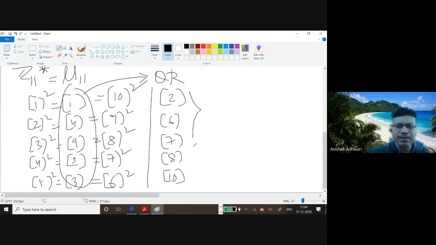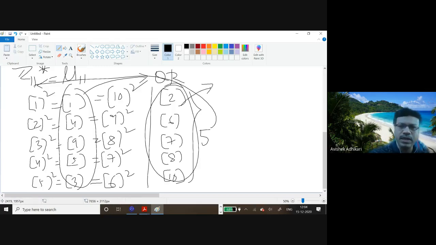So exactly 5 elements from Z11 star do not have a square root. That means they are quadratic non-residues.